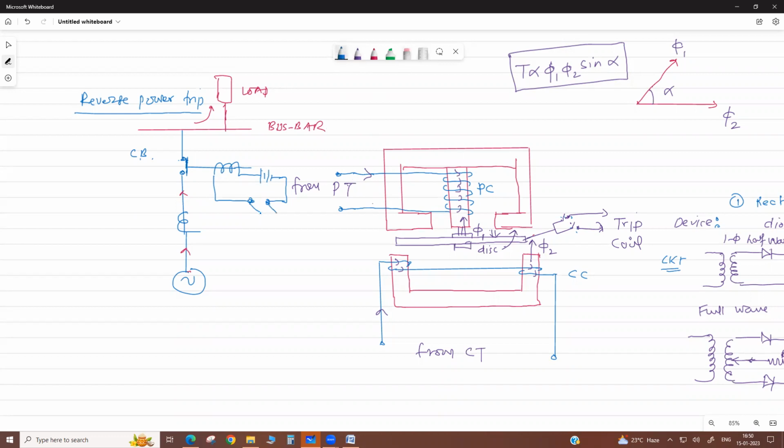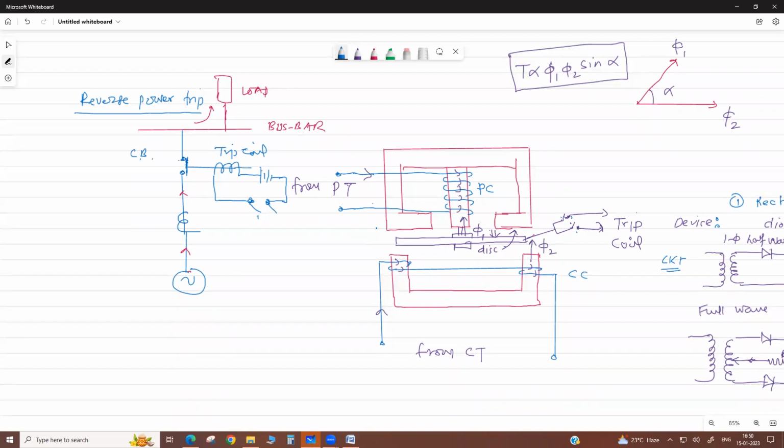If we short these contacts with some arrangement, then the circuit is healthy and the trip coil gets energized. It can close, then it pushes the plunger, and the breaker will open.